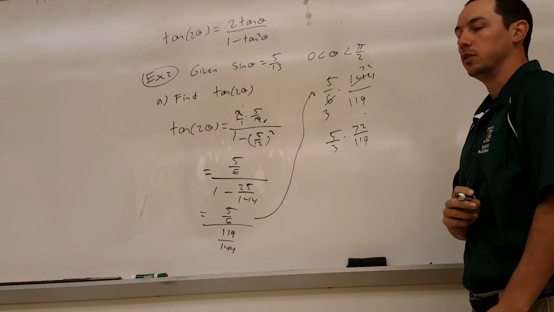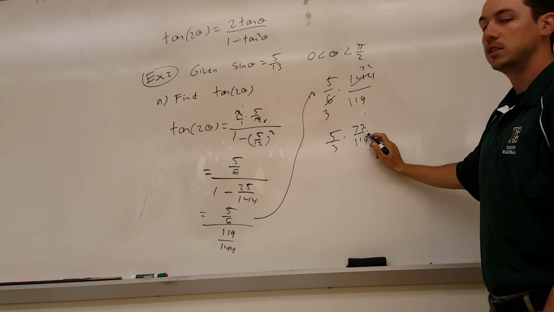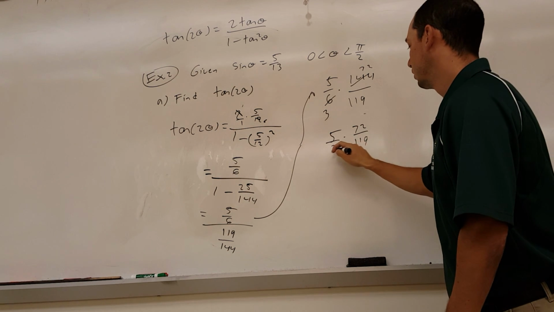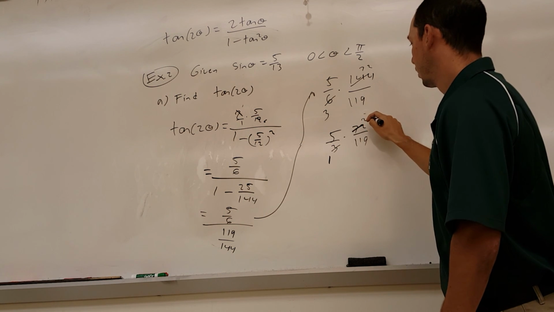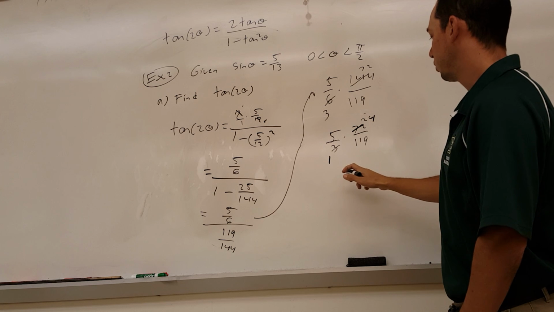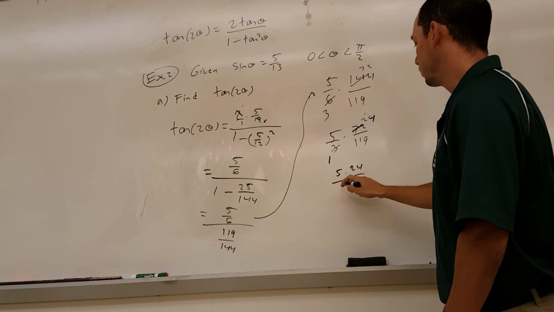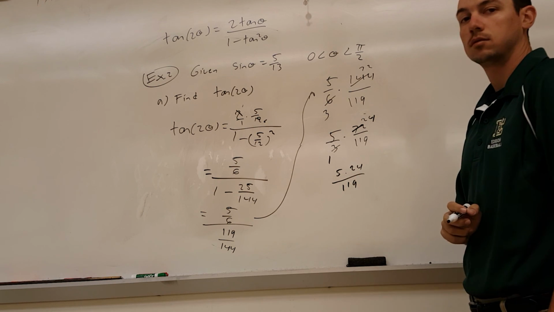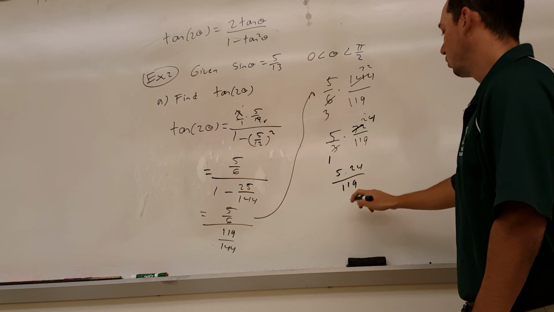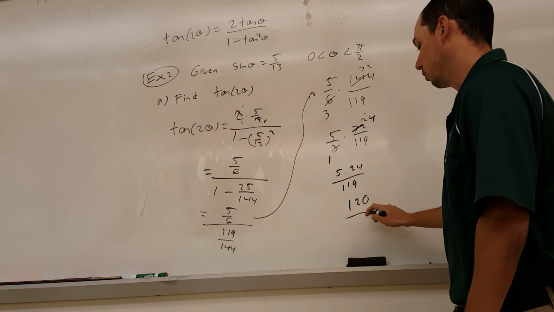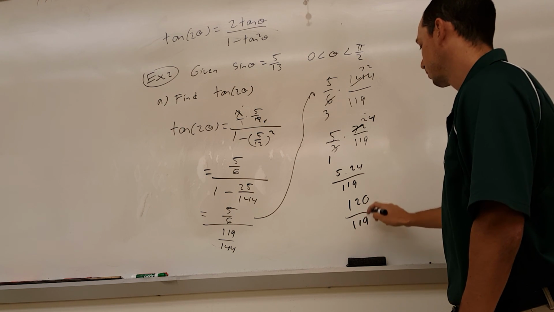Since I've already done this problem, I know that 3 goes into 72 24 times. 5 times 24 over 1 times 119. And you get 120 over 119.